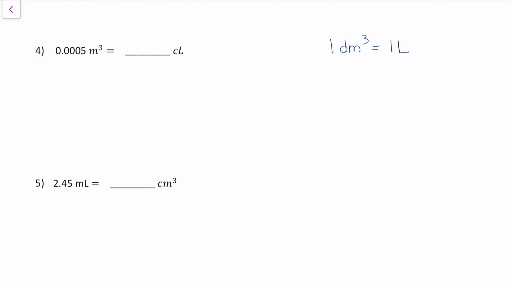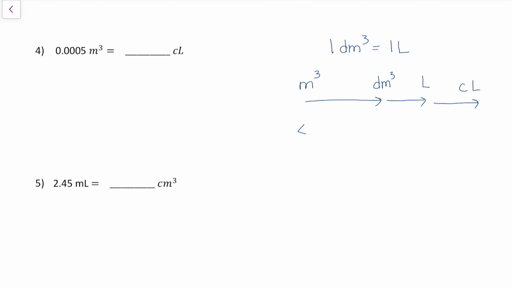And so when we have more than one step with the conversion, we want to try and find a pathway to get us there. So in this case, I need to go from cubic meters to centiliters. And my bridge is this decimeters to liters. So I'm going to need to go from meters to decimeters, then to liters, then to centiliters. So it's like a 3-part question here.